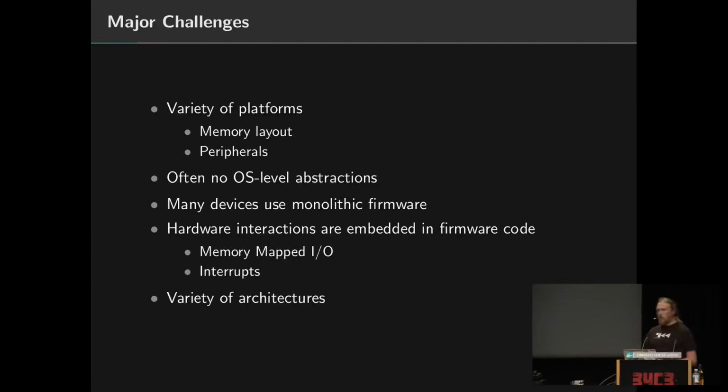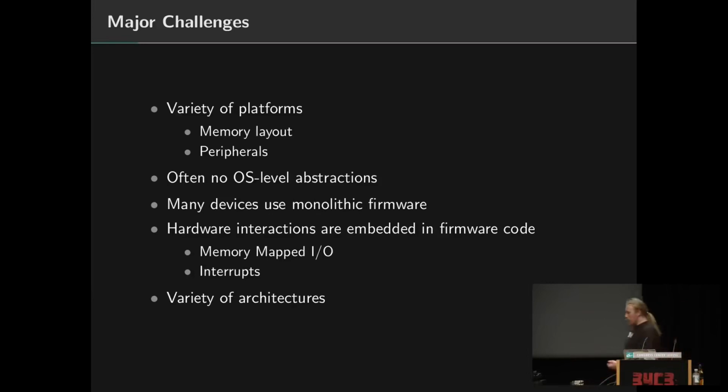This actually forms a problem because when the firmware accesses hardware, it might be via memory mapped input-output, or it might receive interrupts from the hardware, for instance, when new data is available on a bus. We need to somehow handle this in our analysis and our tooling.